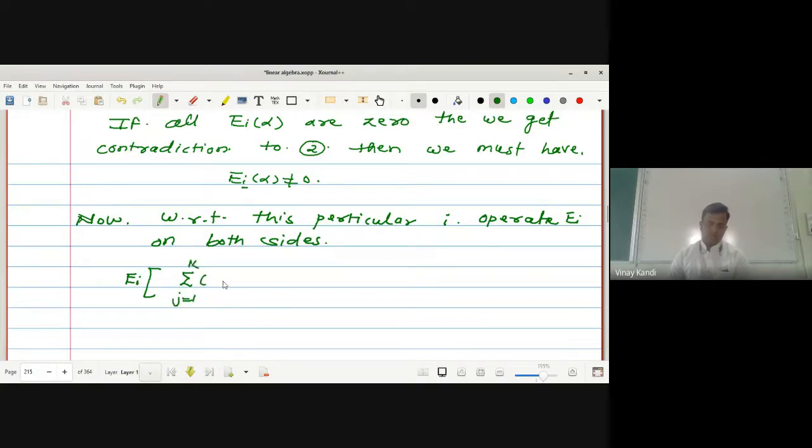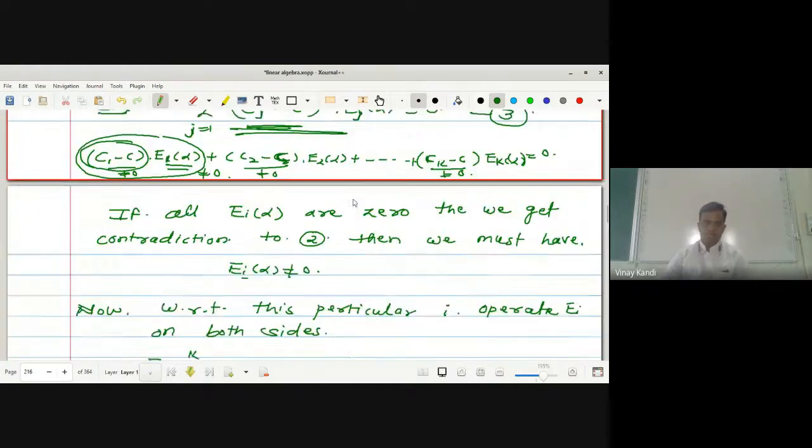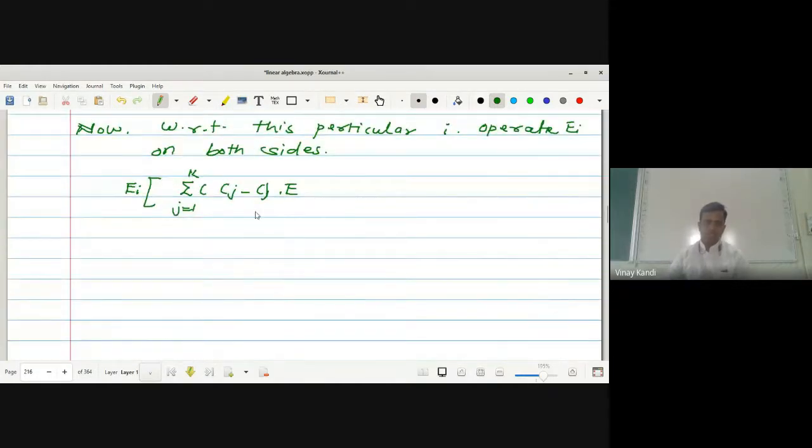This is cj minus c into Ej of alpha, where I have taken j as the notation change. Why? Because here we are putting Ei. So this is Ei of Ej of alpha, which is equal to Ei of 0.